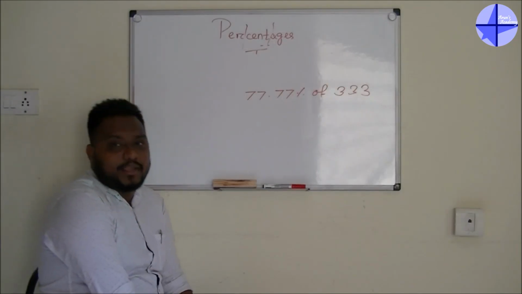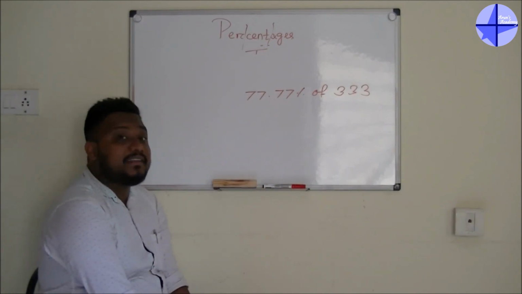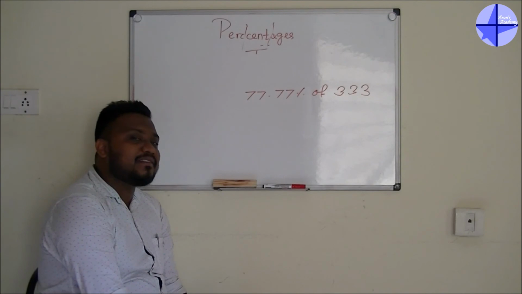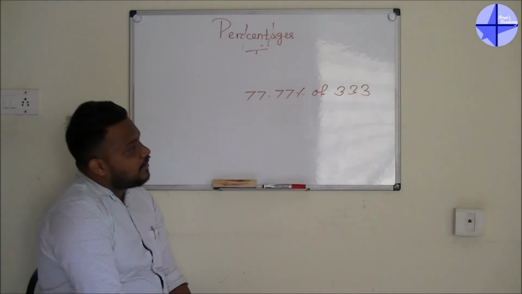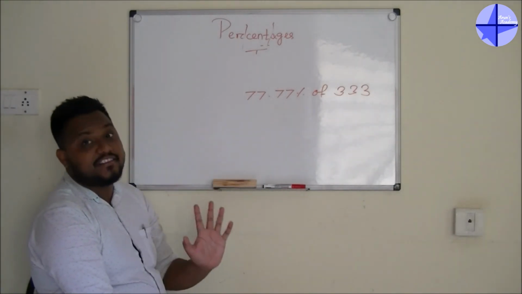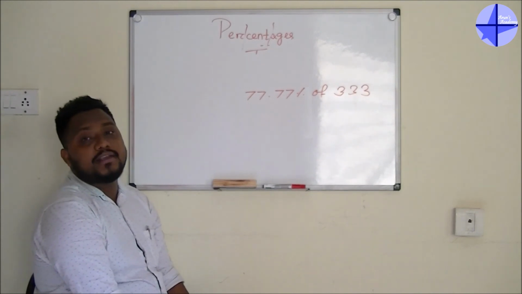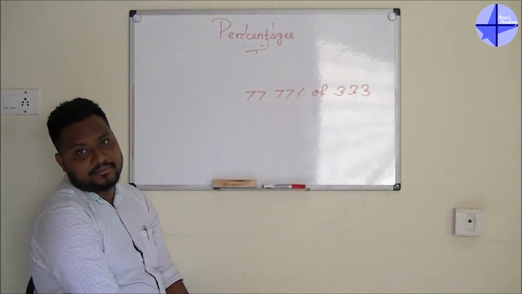Let's complicate the thing. Now the question is 77.77% of 333. Guys, you know what the problem is? Whenever we get the number as 7, 3, or 9, it always looks very tough. You know why?